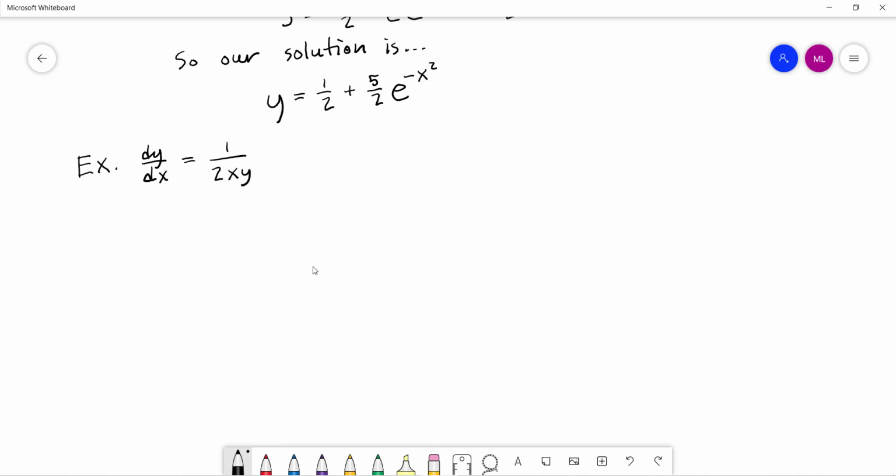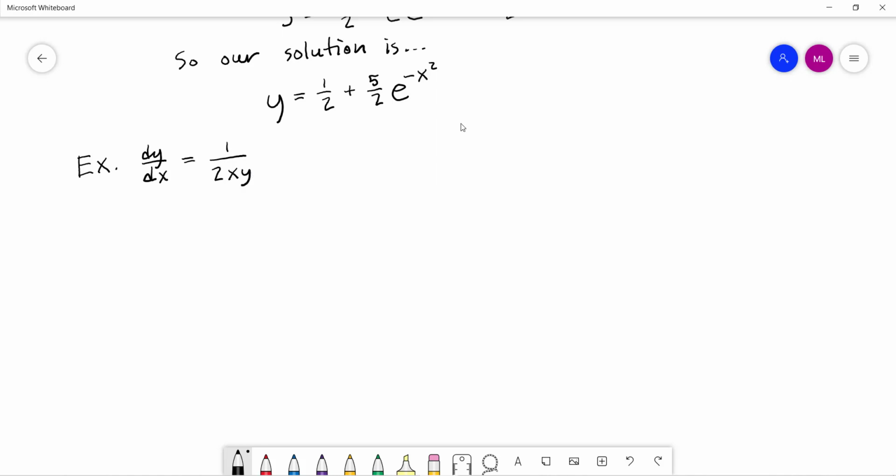Okay, so let's look at this equation, and I want you to recognize something hopefully right off the bat. Over here I have dy dx, so just y prime by itself. On the other side, I have not a y, but instead a 1 over y. I also have this 1 over 2x, which doesn't affect the linearity, but I have a 1 over y.